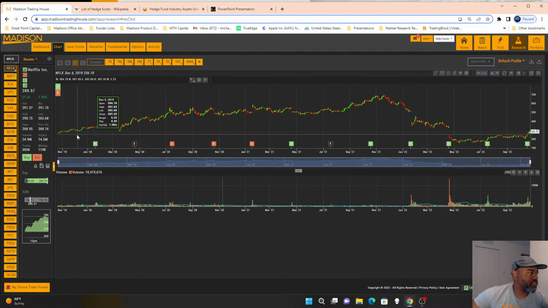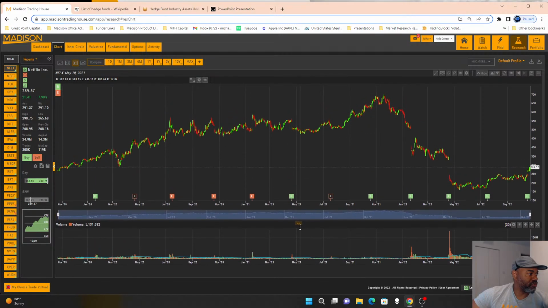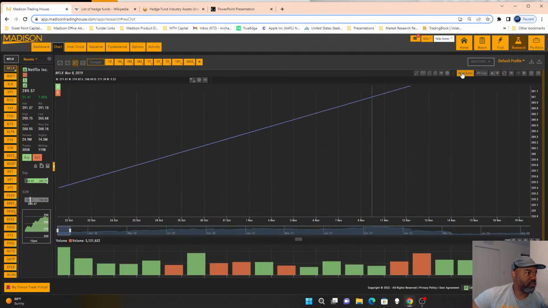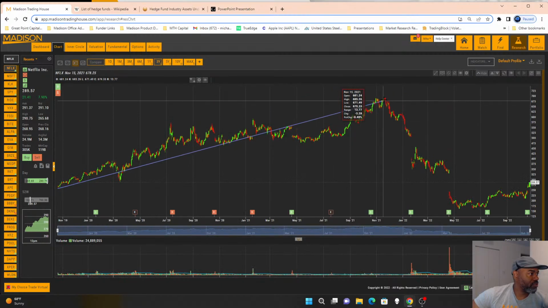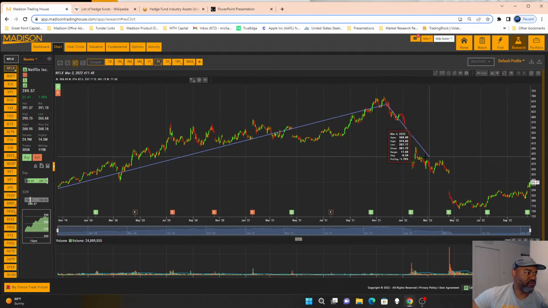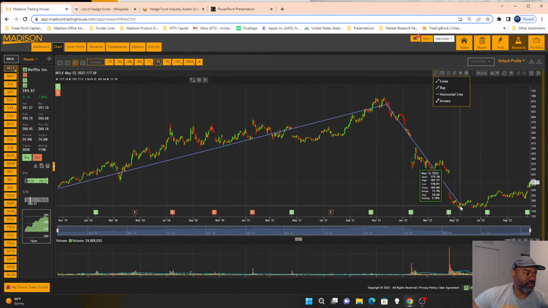Netflix, as you can see, mostly was going up for a long time. This is a stock that was definitely doing well for a long time. Nice trend up. So if I were to draw some lines on here, oops, sorry. Generally the stock was going up, and then all of a sudden recently we have a very clear demise, and then we have a noticeable recovery.